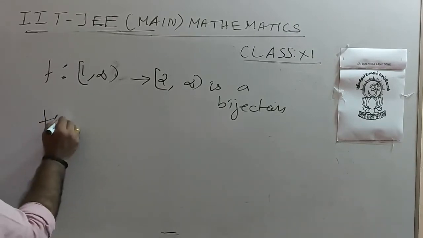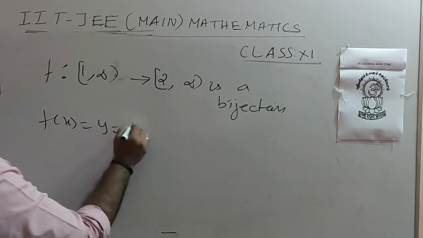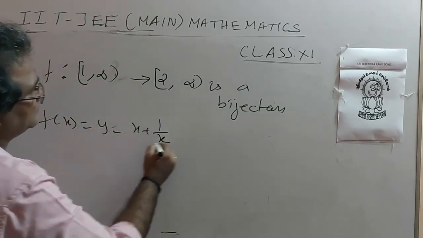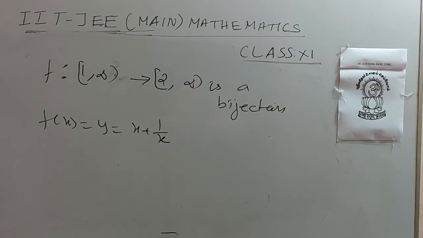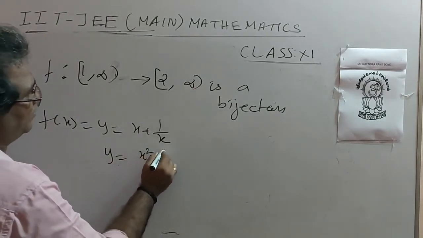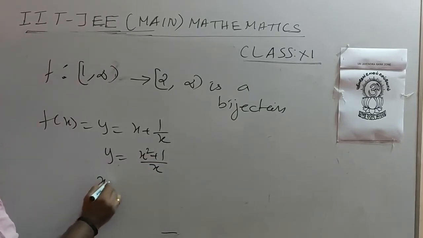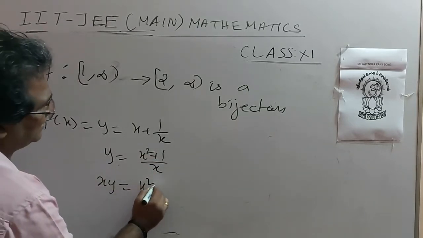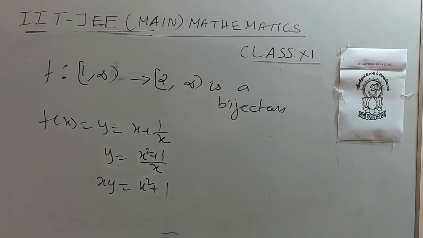We take f of x equal to y, that is equal to x plus 1 by x. So y equals x squared plus 1 by x, so xy equals x squared plus 1.